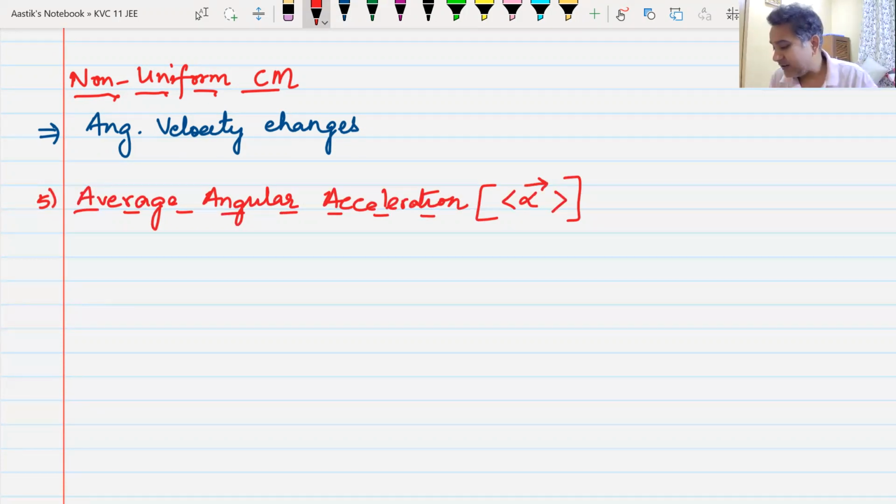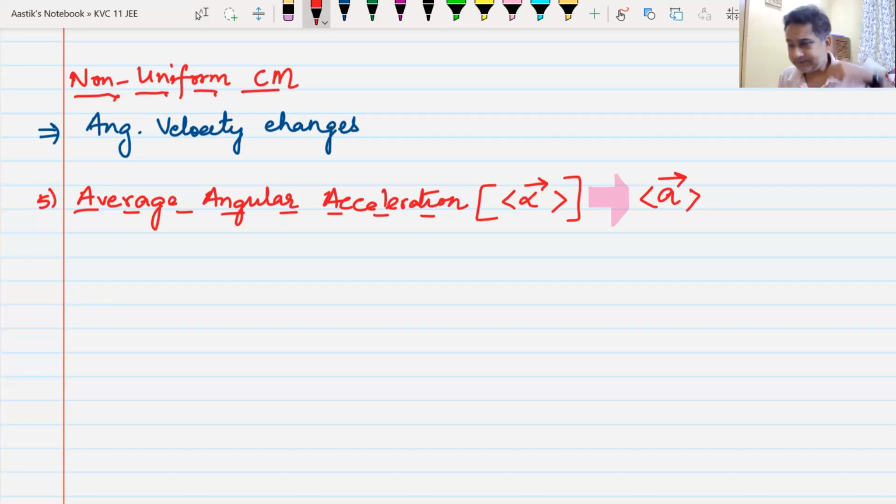If you think about linear motion, this average angular acceleration is similar to your average acceleration. Do we remember this average acceleration?